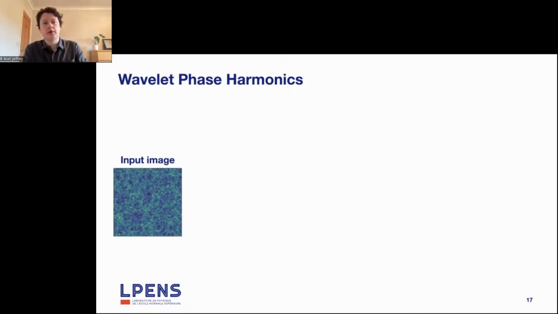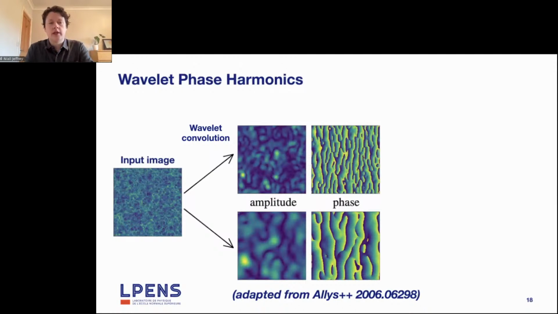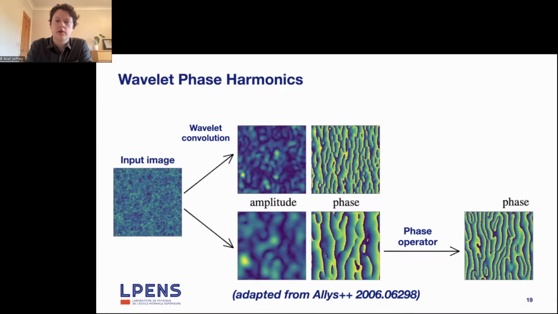So if we have some input image, we apply two different wavelet convolutions with different wavelet scales. And if you do this, you end up with an amplitude and a phase for each scale. And the step of wavelet phase harmonics is that you can then spin up the phase of one of those signals.